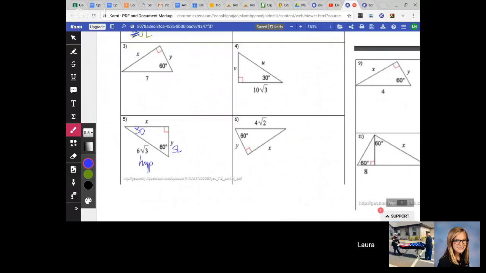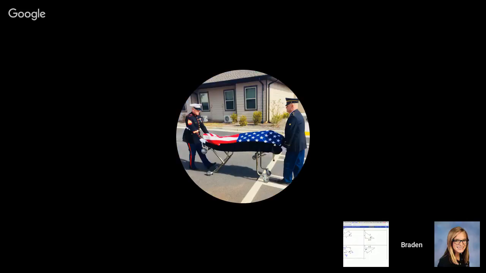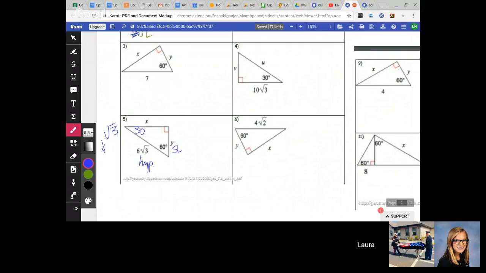Braden in the last one just said the magic numbers for 30, 60, 90. Do you remember what they are? Root 3 and 2. Sometimes you multiply with them and sometimes you divide.